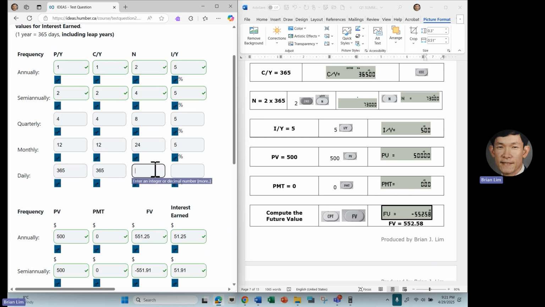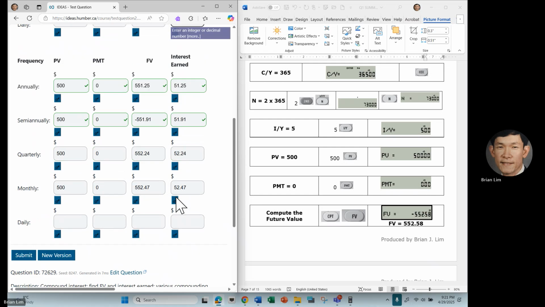So N is this number right up here, 730. Okay, IY is still 5. And the present value is still 500. The payment is 0. The future value is now 552.58.